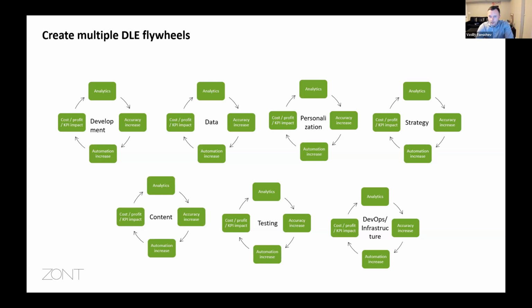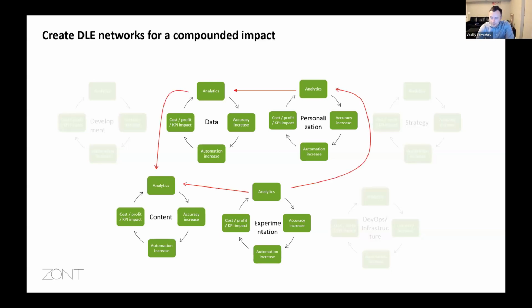Now, the next step is to connect these flywheels and create a compound impact. We want to create what's called data learning effect networks. Each flywheel gets better on its own, and it grows exponentially. When we start connecting them, we multiply that exponential growth even further, right?